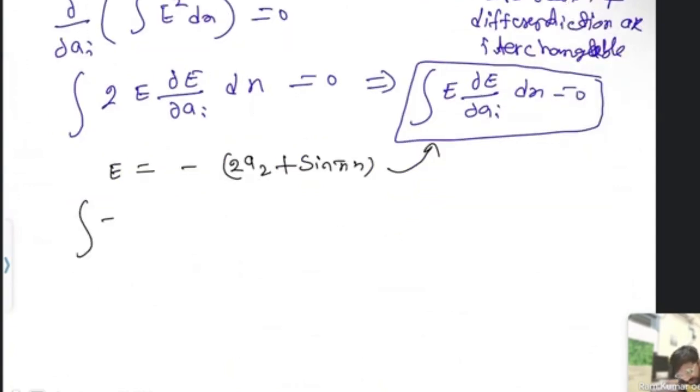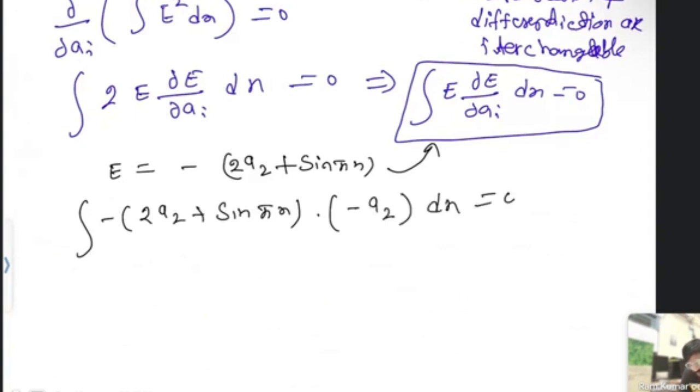Integration of minus 2a2 plus sin pi x. We have to differentiate this, so into minus... into dx equal to 0. Okay, that's good.